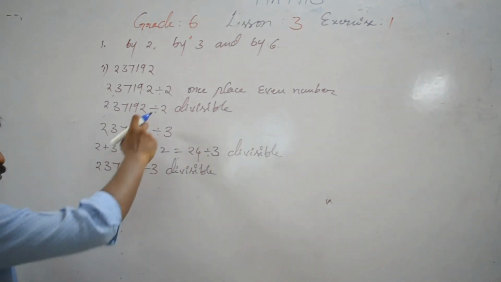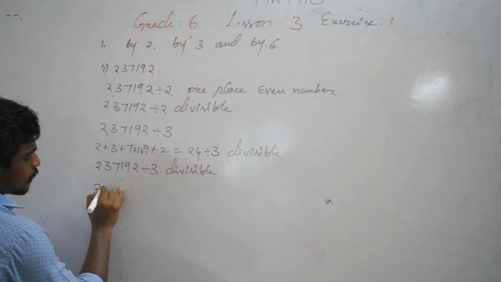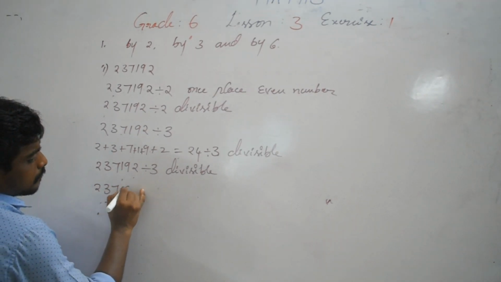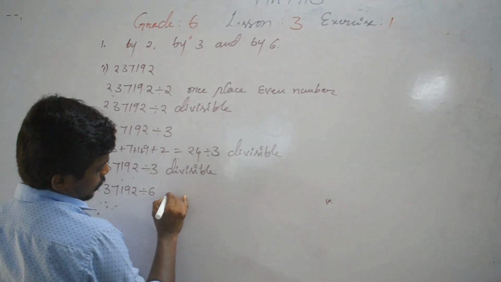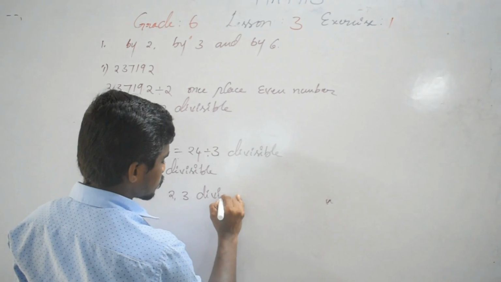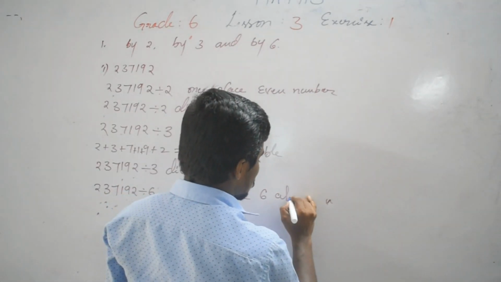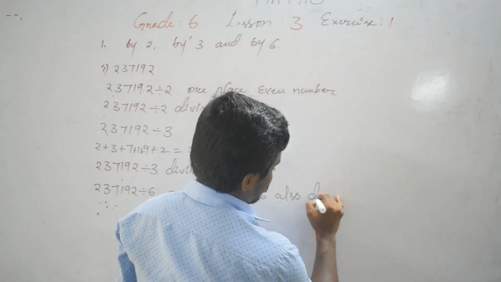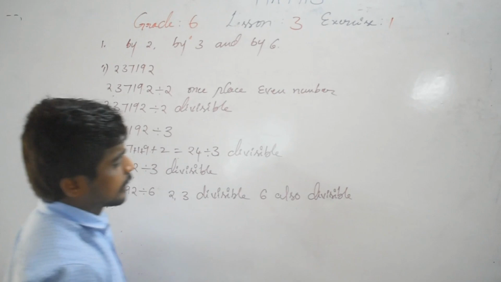So this number is 2 divisible and 3 divisible, so automatically 6 is also divisible. Next one.